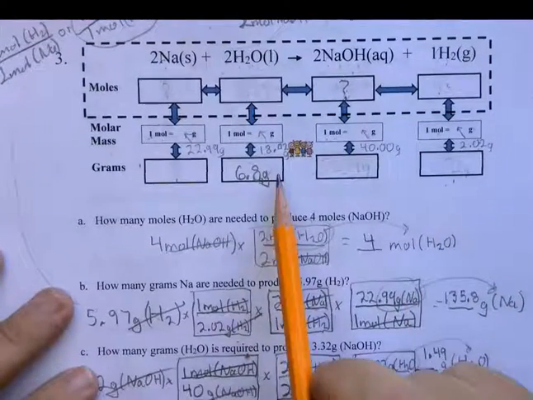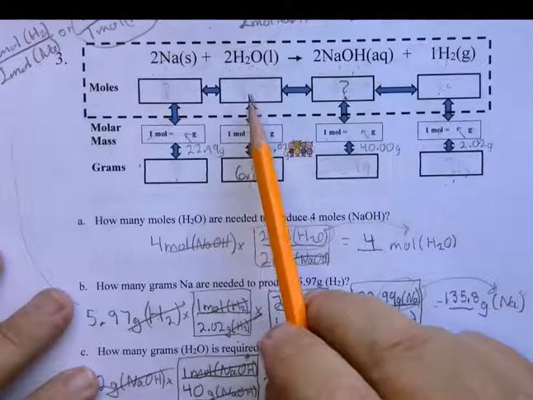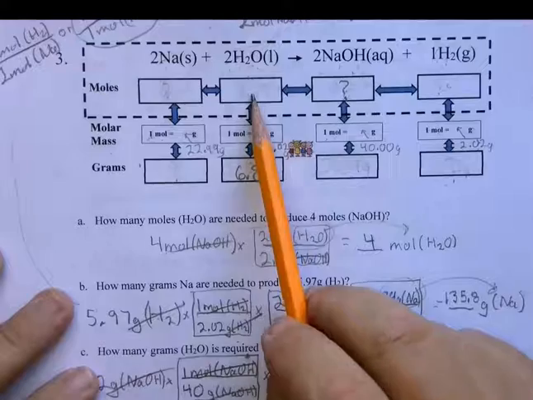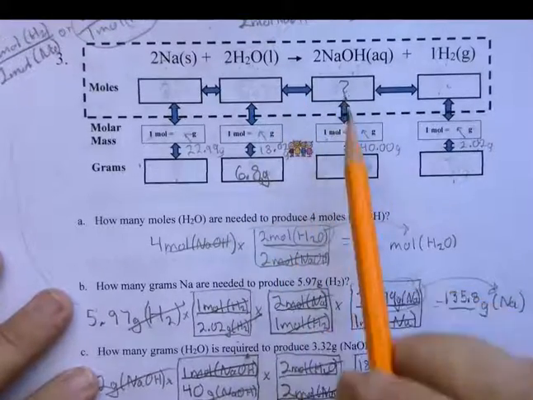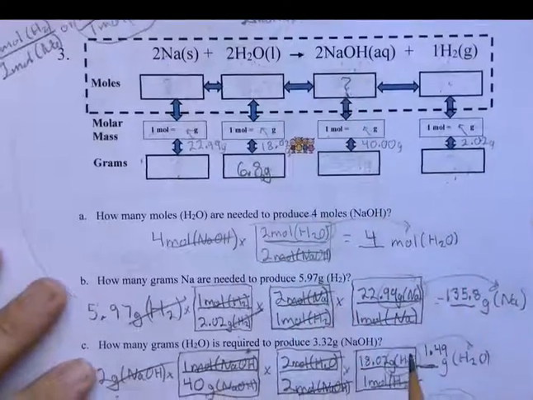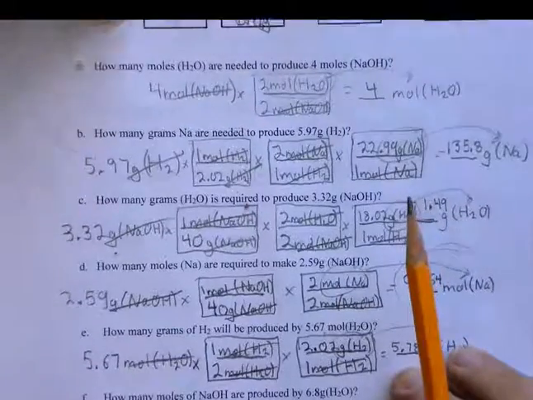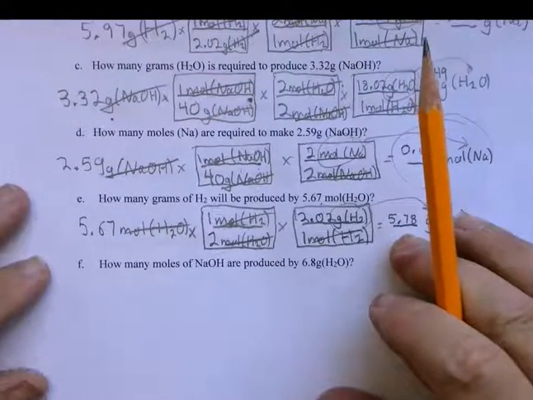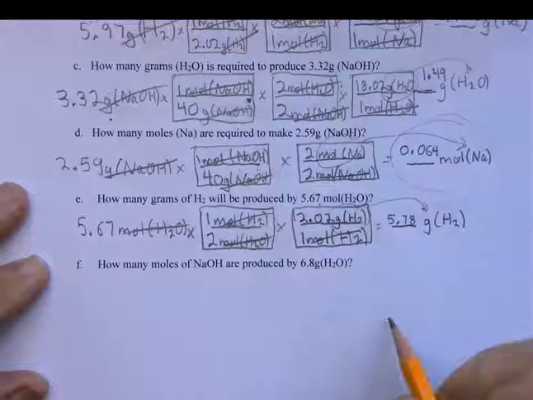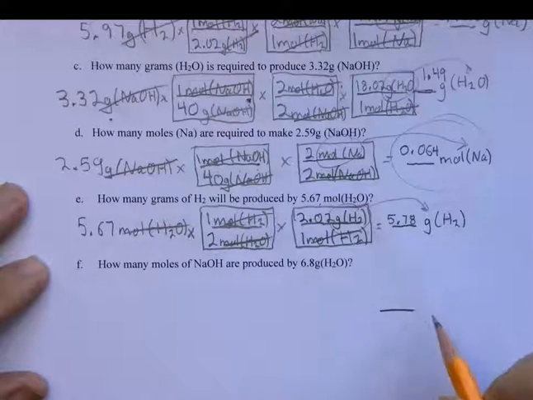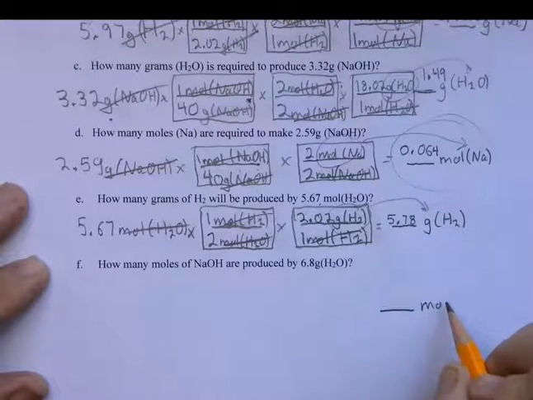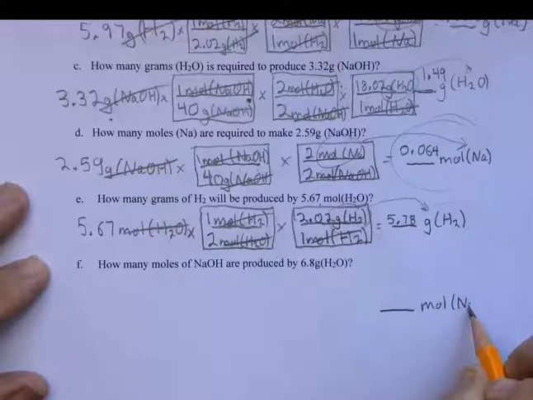So our path is going to be the molar mass conversion from grams of water to moles of water, and then from moles of water over to moles of sodium hydroxide. So it's a two-step, two-conversion process. Okay, so let's start off on the right-hand side with what we don't know, which is moles of NaOH.